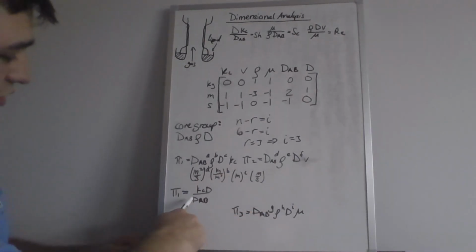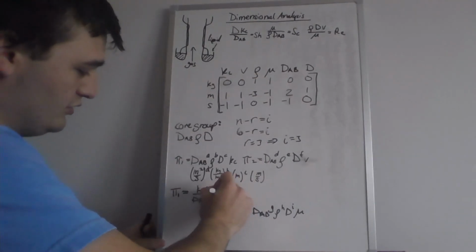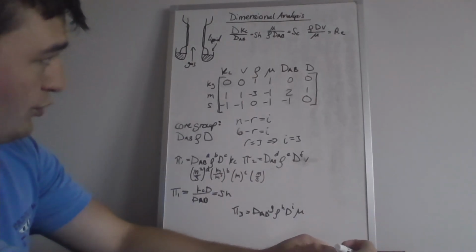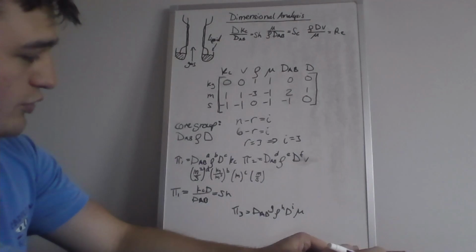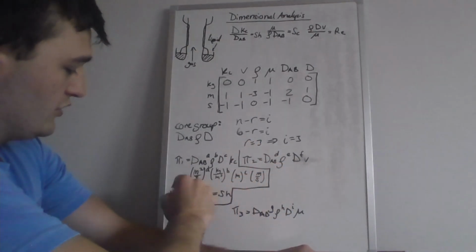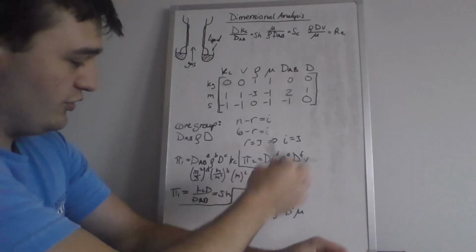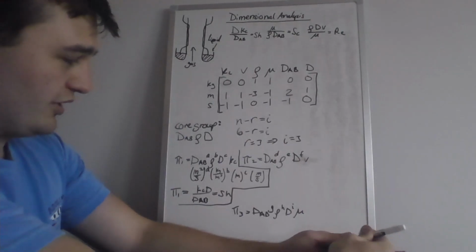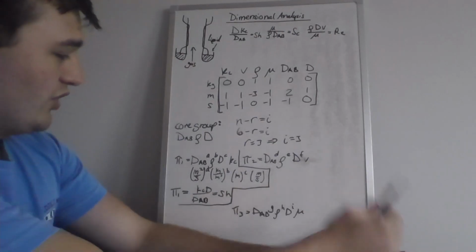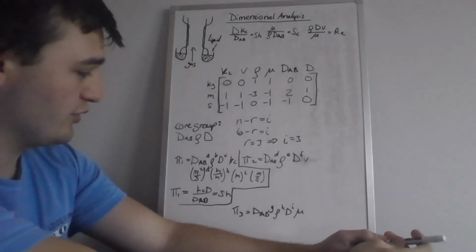So if we look at dimensionless group 1, we can see that it's the same as the Sherwood number. So dimensionless group 1 is the Sherwood number. So that is our first dimensionless group. Now if we look at dimensionless group 2, this is what's really nice about picking this core group. We see that the velocity has the same units as the mass transfer coefficient.